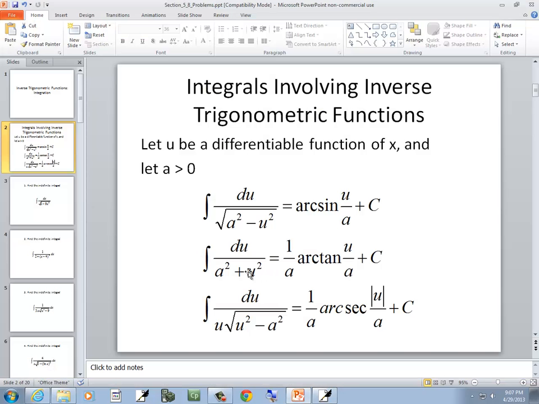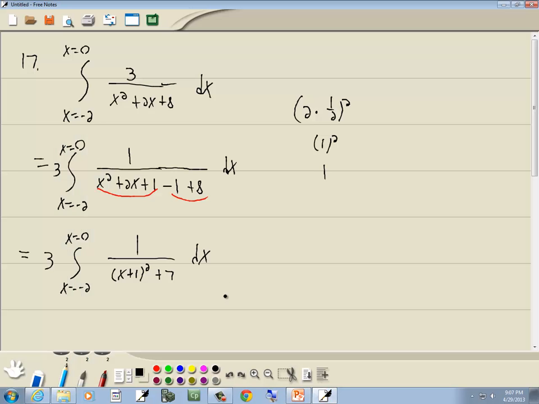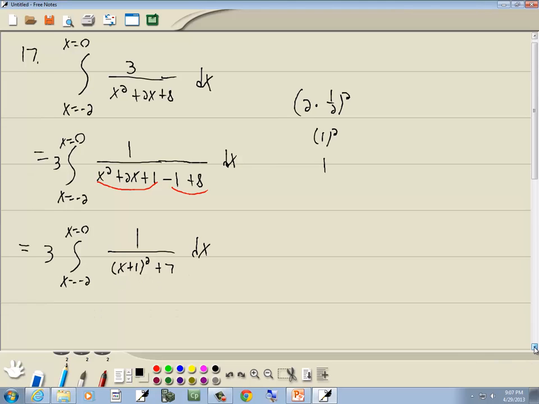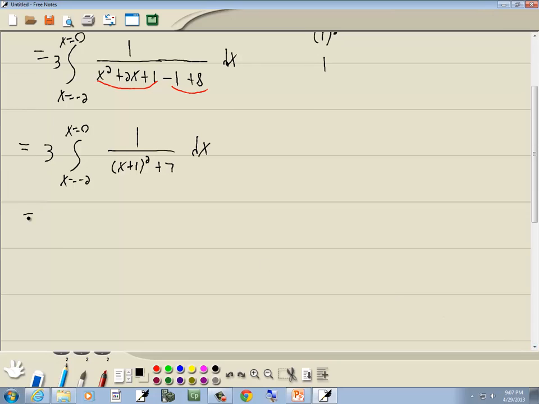Now we're trying to get it to look like this. We want the a first, so I'm going to flip those around, and I want to write it as something squared. So we got x equal to -2 to x equal to 0, 1 over, and I can rewrite 7 as the square root of 7 to the second power, plus x plus 1 squared dx.